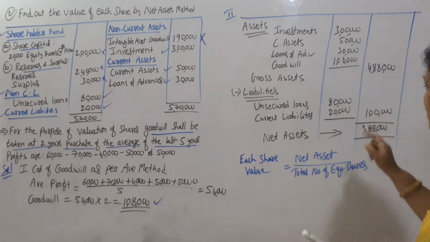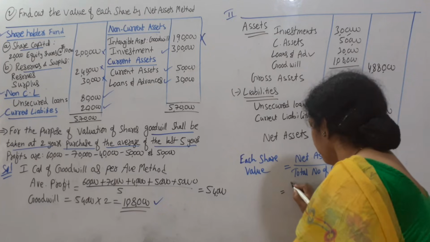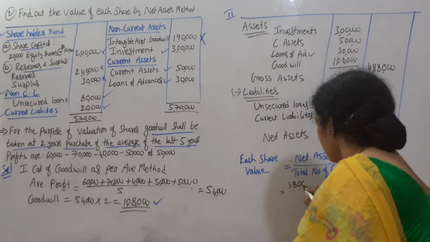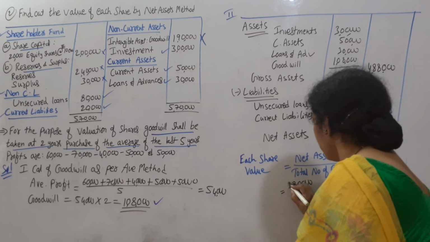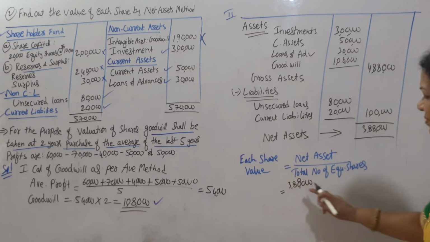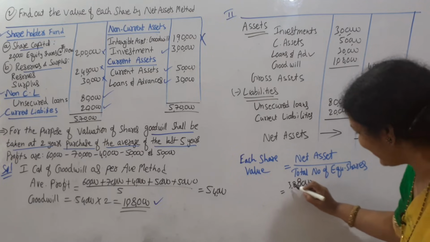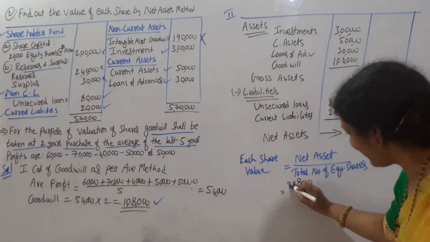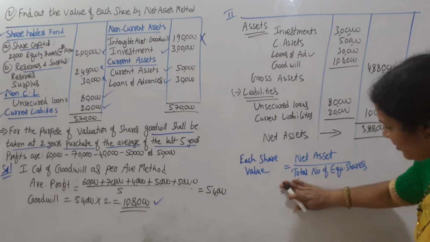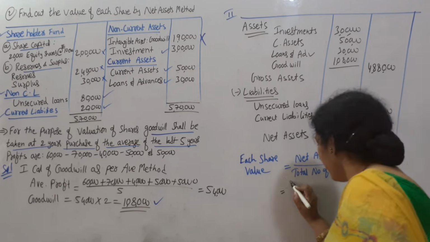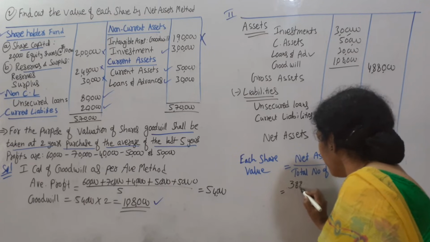Now here net assets are 3,88,000. I'll write it clearly: 3,88,000.